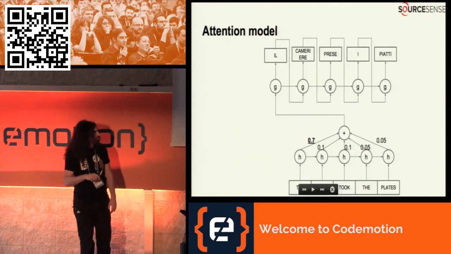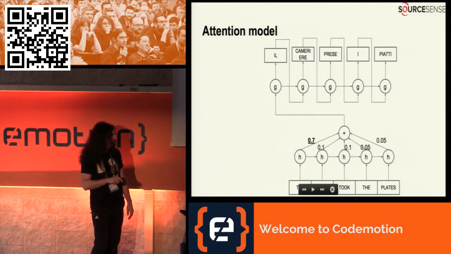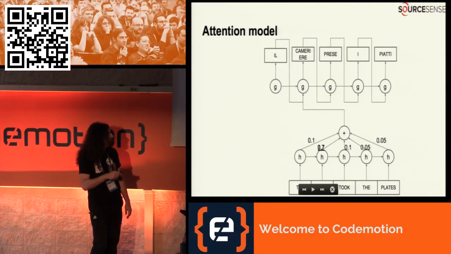So instead of passing the full state, we just pass a weighted sum here. If I have to generate the word "il", I weight "the" with 0.7, and all the rest really matters not that much. So "the" will be the one influencing "il". And if we have to generate "cameriere", "waiter" is the one that has to weigh. All these weights are learned through the process, actually. And so on, and on.